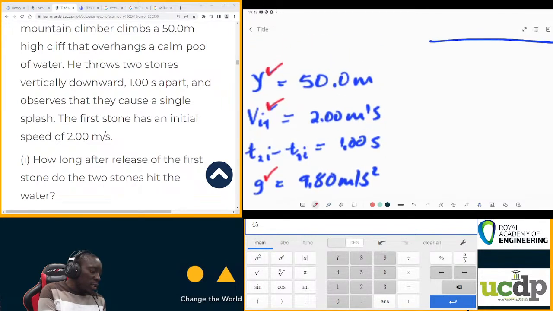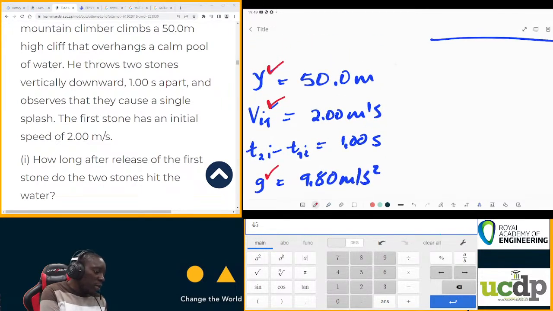So in this case, our expression will be delta y is equal to v initial for 1 delta t plus half g delta t squared. I'm considering downward direction as positive.